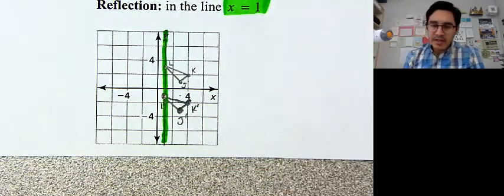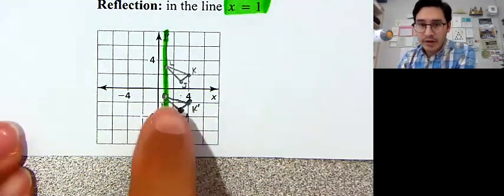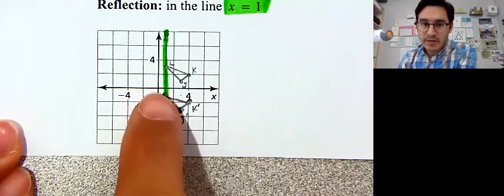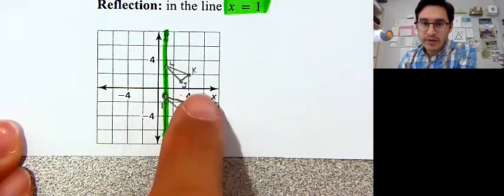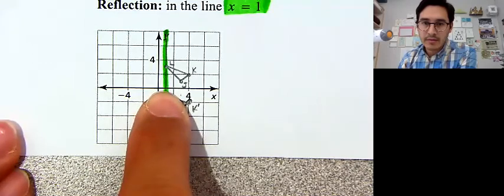Keep in mind the scale on the number line is going by 2, so this is 0, 2, 4, 6, and 8. So that location is x equals 1.